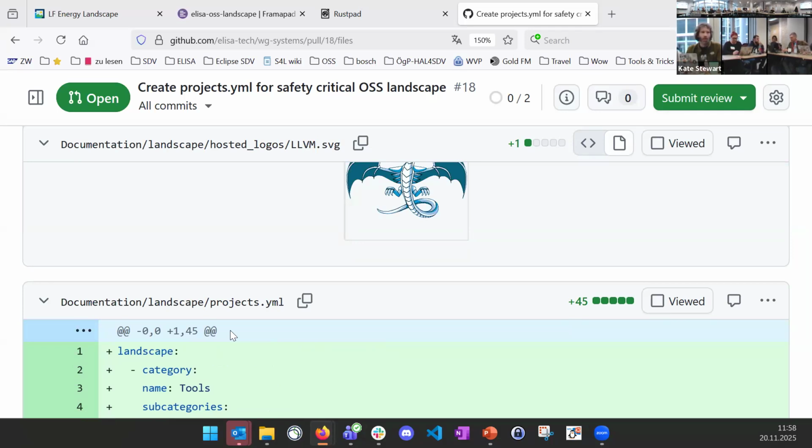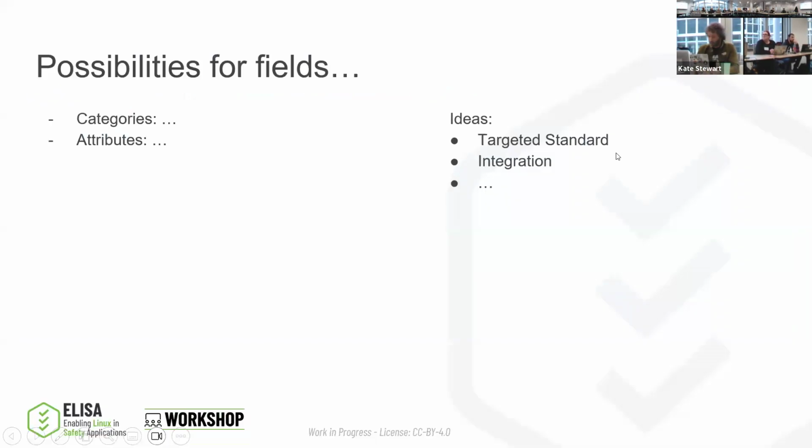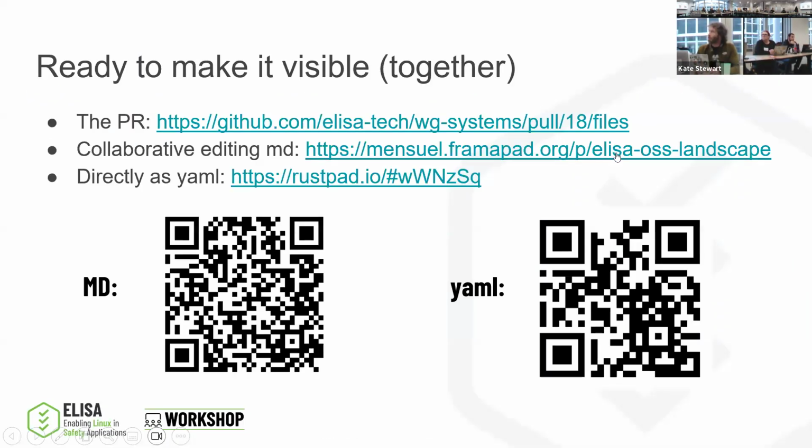Either we go for a 5 minute brainstorming, you scan one of the preferred QR codes and just edit something in there. If you have ideas for categories or other parts, just bring them in, and then we can finish the session a bit earlier.